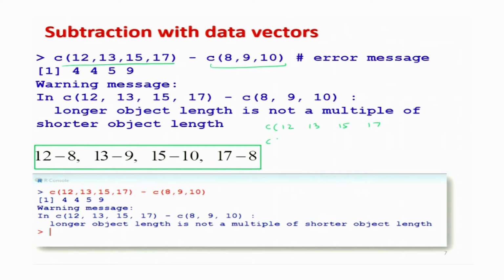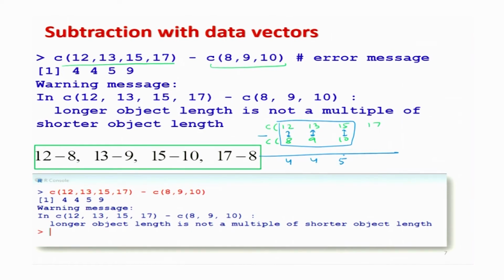And in the data vector 2, the values are going to be here 8, 9 and 10. So, first of all, this block is going to be operated and your answer will come out to be 12 minus 8 using this and this, 13 minus 9 and this 15 minus 10. So, this will become here 4, 4, 5.